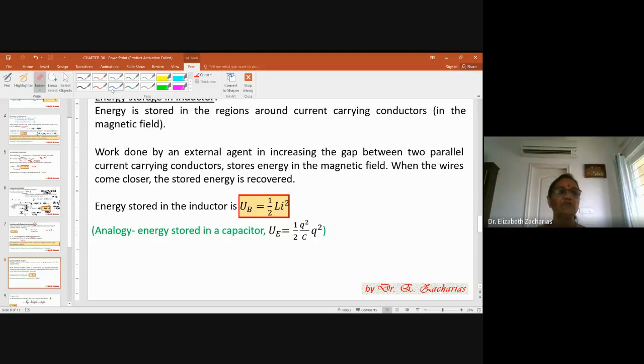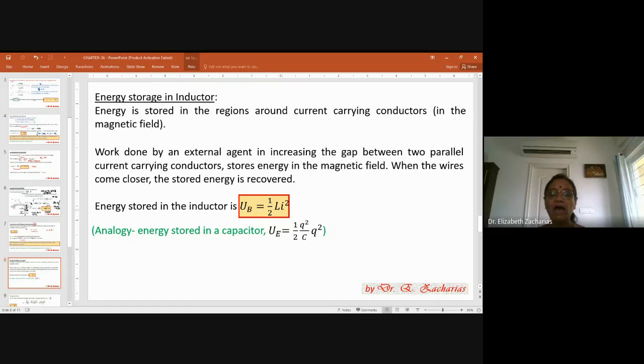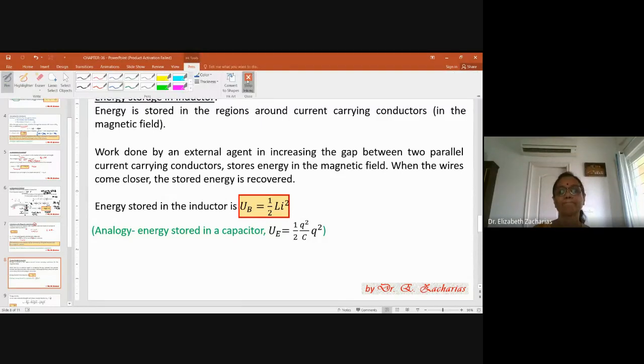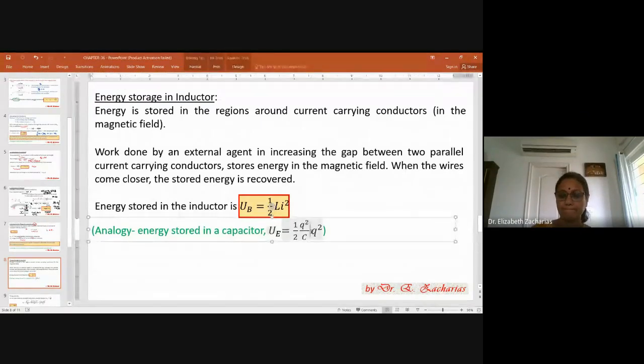The expression for the energy stored in an inductor is U_B equal to half L i square, analogous to half q square by C for a capacitor.